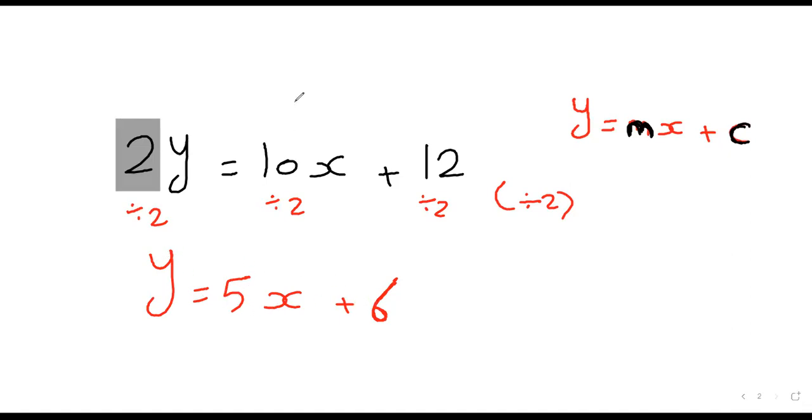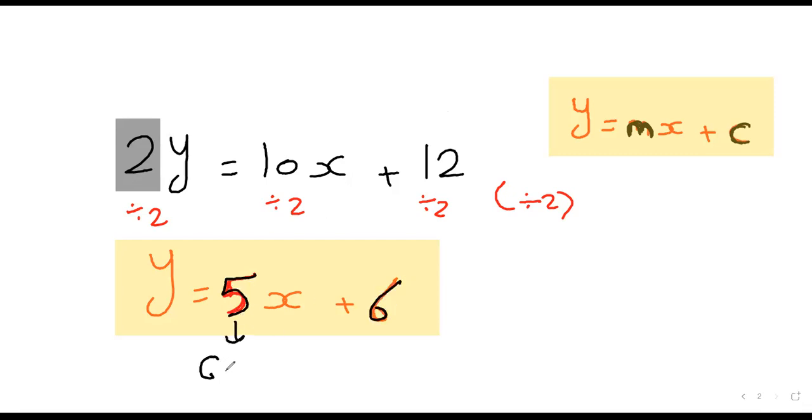So in this case, because the equation is written as y equals 5x plus 6, this is the form I need: y equals mx plus c. When comparing them, the gradient is 5, and the y-intercept is 6.